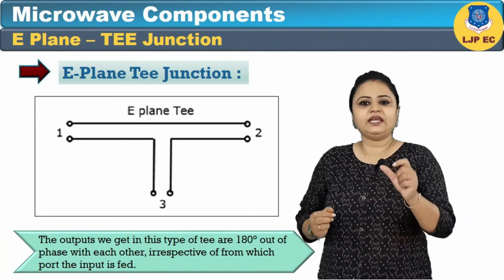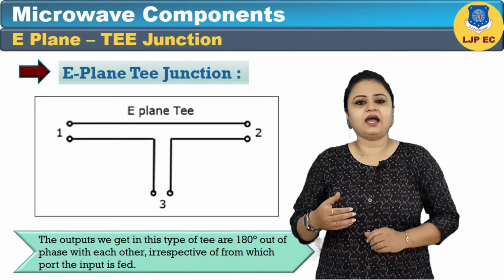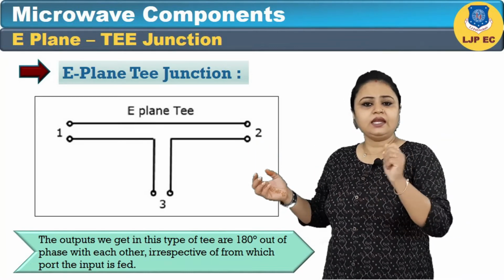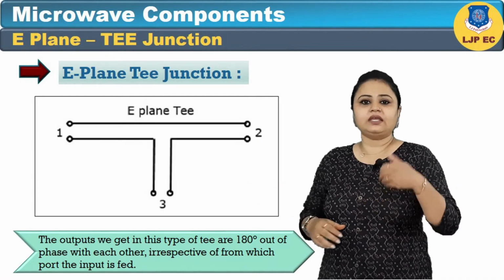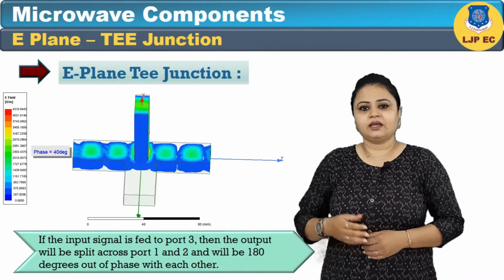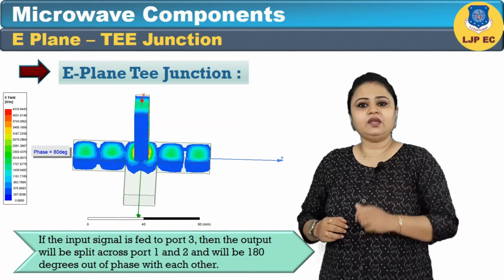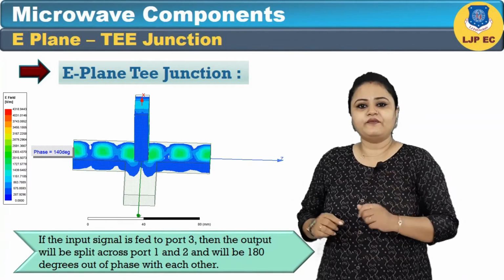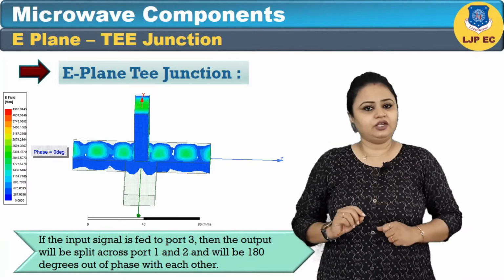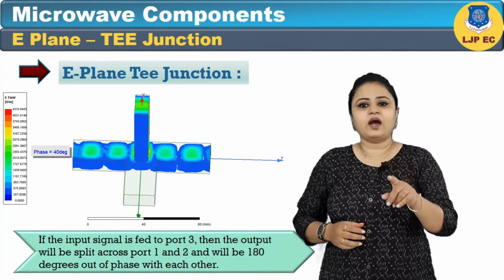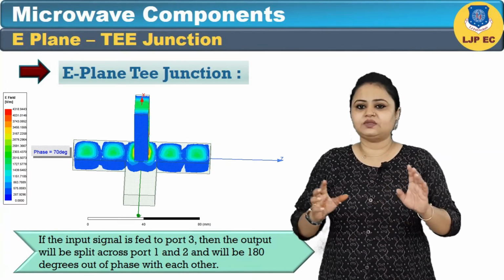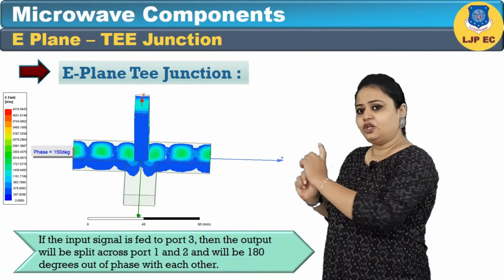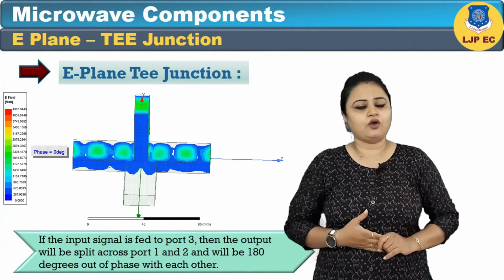The outputs we get in this type of T are 180 degrees out of phase with each other, irrespective of which port the input is fed from. In the first case, if the input signal is fed from port 3, then the output will be split into port 1 and 2 and will be 180 degrees out of phase with each other. Here you can see the output is split in 2 ports 180 degrees out of phase.